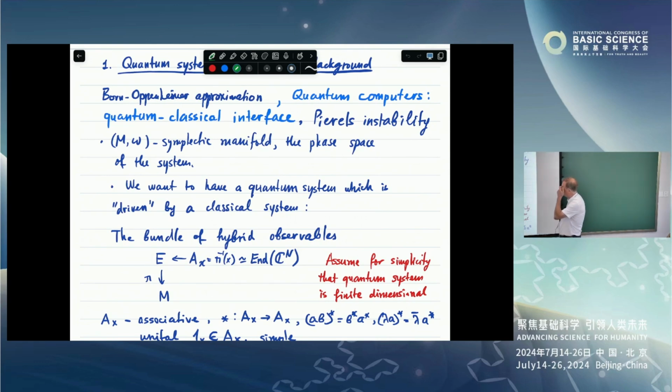So what is a quantum system on an integrable background? In physics, it's well known. It goes back to the 20th century. It's called in physics the Born-Oppenheimer approximation.